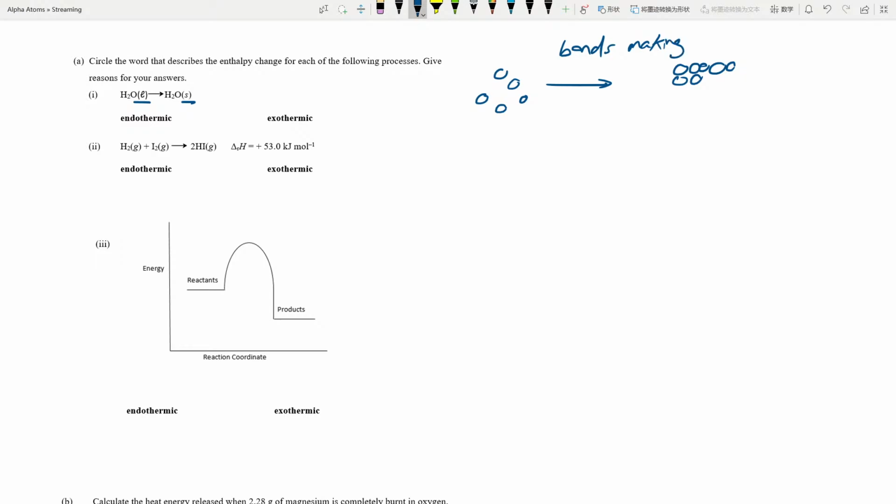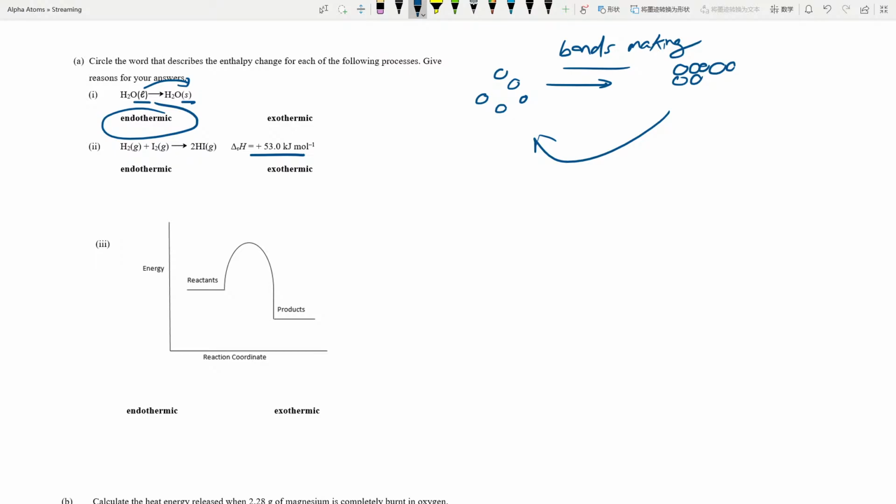You are going to have an endothermic reaction. When we have a question like this, to explain it, just say bonds making. You're going from liquid to solid, you are forcing the particles to stay together, and energy must be released. Okay, sorry, energy must be absorbed in order for this to happen. So if you go the other way, that's going to be exothermic.